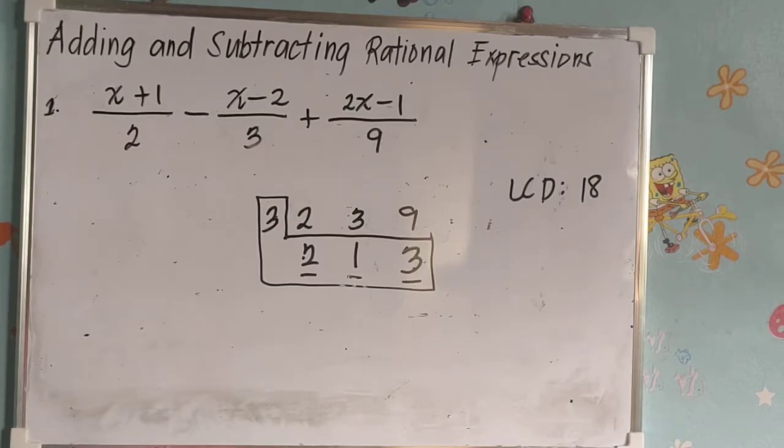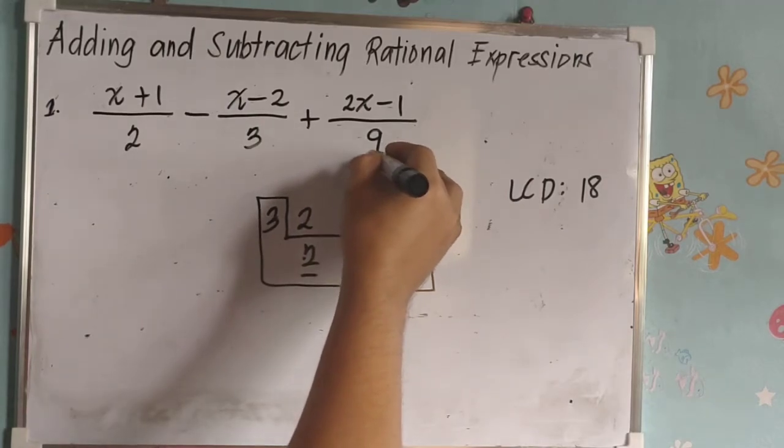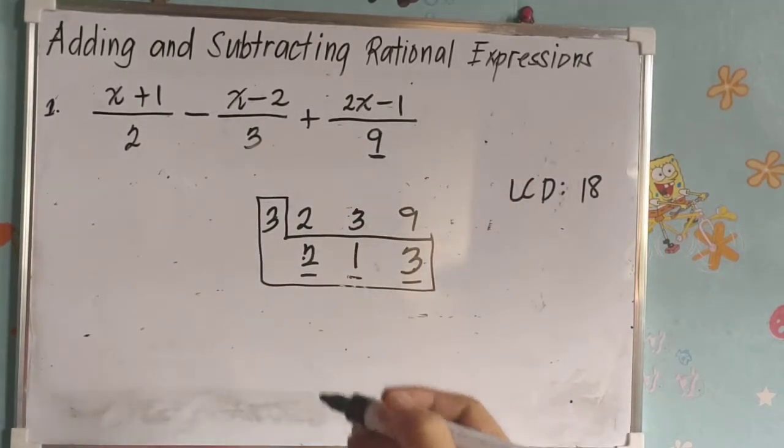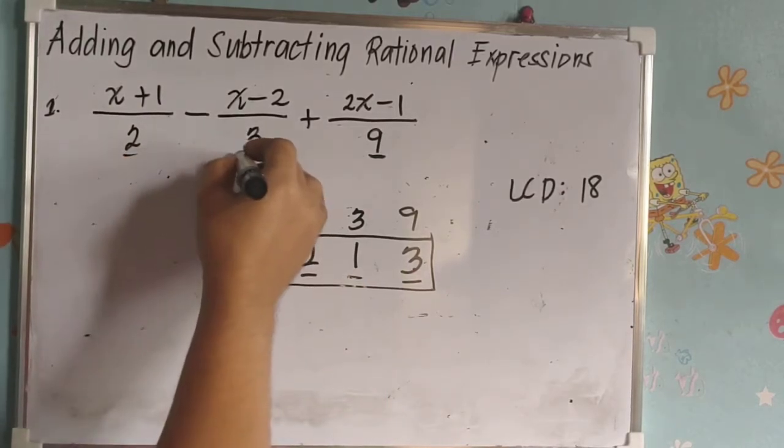So you have to take note that the LCD cannot be lower than the highest number here, because our goal is to divide exactly the numbers in the denominator.